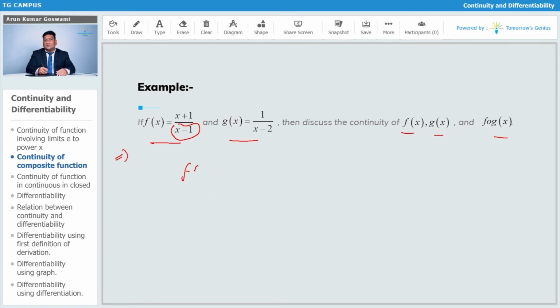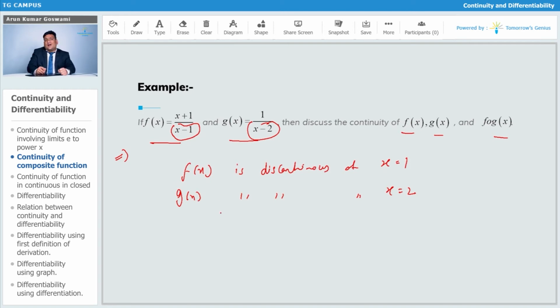So f(x) is discontinuous at x equal to 1. Now when we talk about g(x), this is discontinuous at x equal to 2, because we can keep the denominator as 0 directly and get the point of discontinuity.